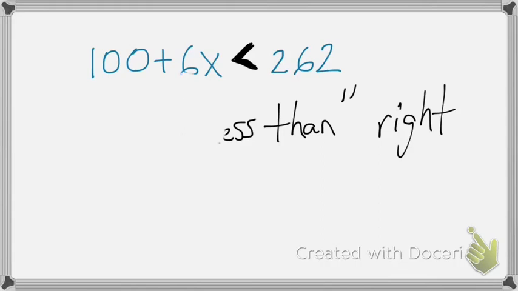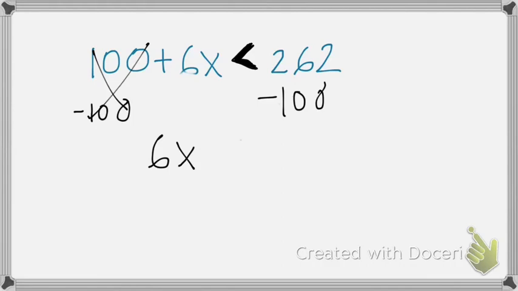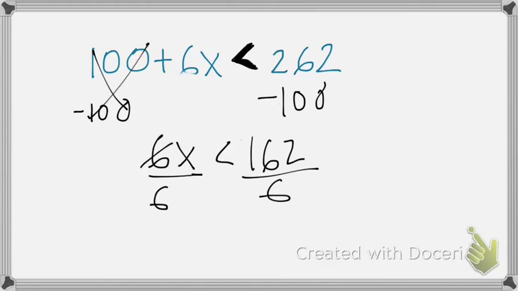Solving these inequalities, you do the same exact steps. We subtract 100. But notice now, every time I rewrite it, I'm not going to put an equal sign because there was never an equal sign there. I'm just going to keep putting that less than sign. So now it's less than 162 instead of equal. We're still getting x by itself.